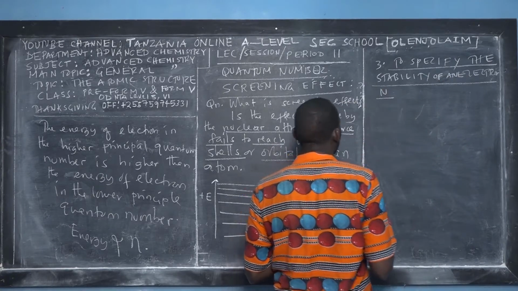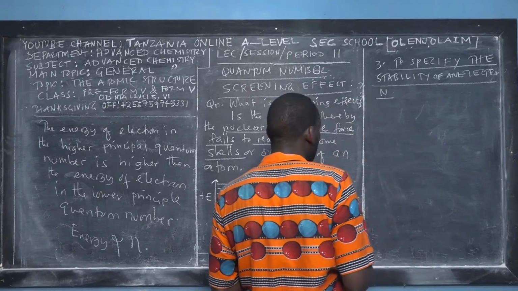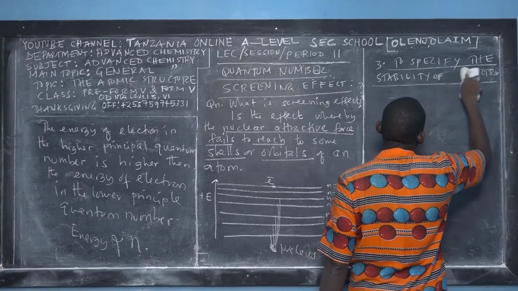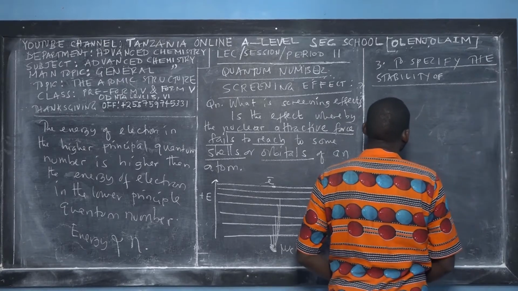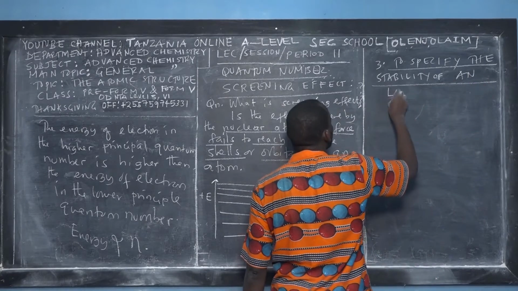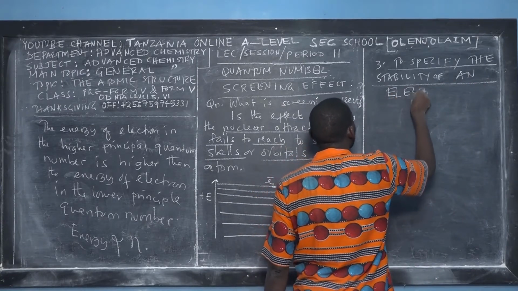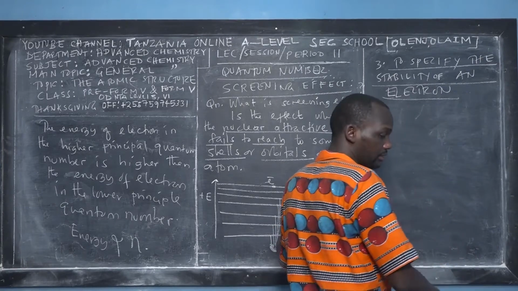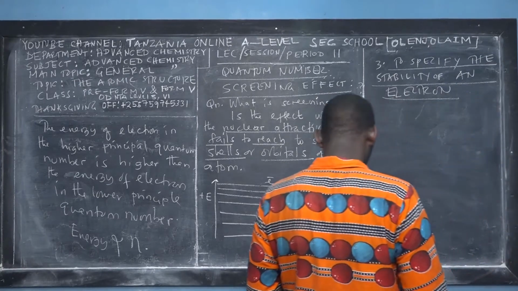So this is used to specify the stability of an electron. How? Let me write this clearly. The principal quantum number is used also to specify the stability of an electron.